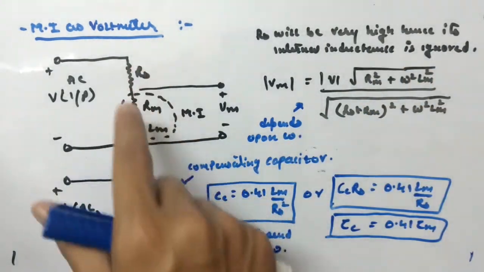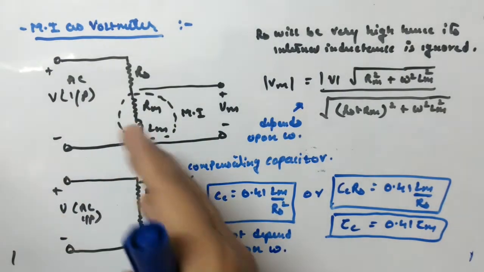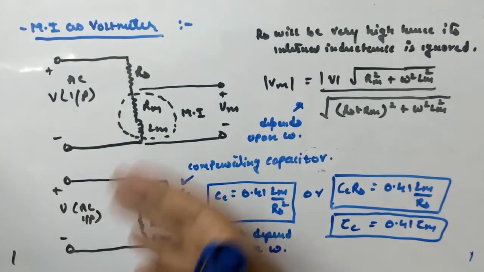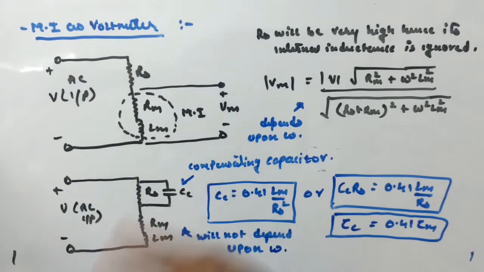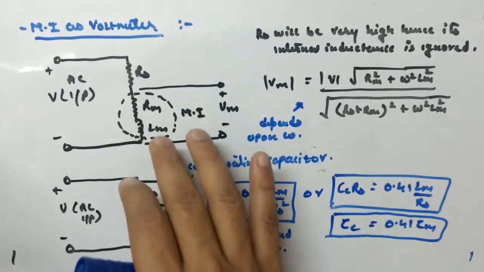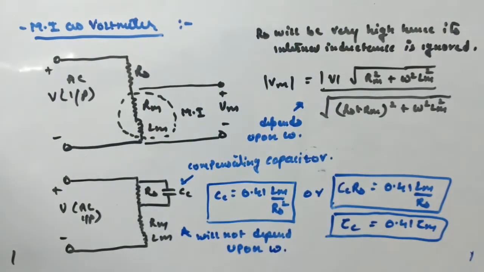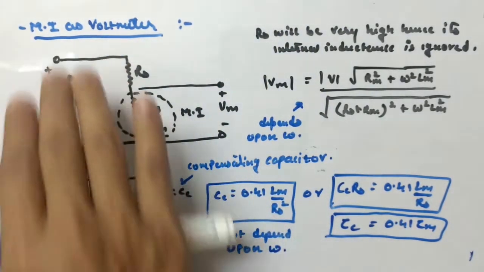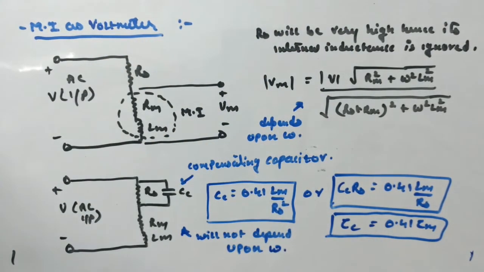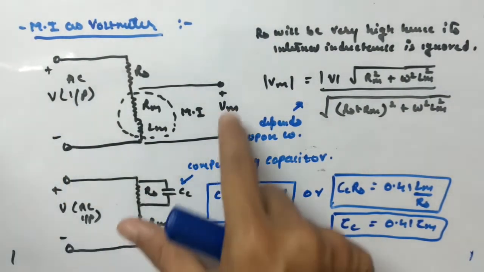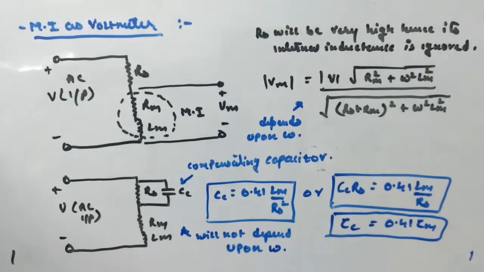In the voltmeter the series resistance is very high. In PMMC moving coil, this inductor was not there, only two resistances. But here in the moving iron case, you have an inductor as well. You can apply an AC voltage V, and the voltage across the moving iron is Vm.